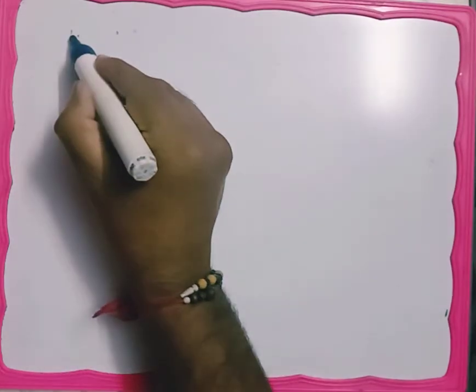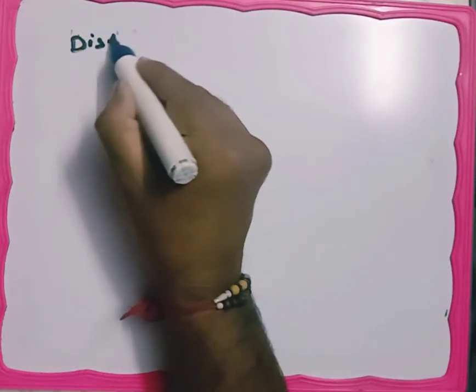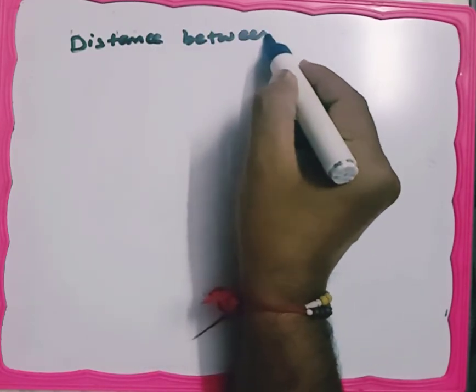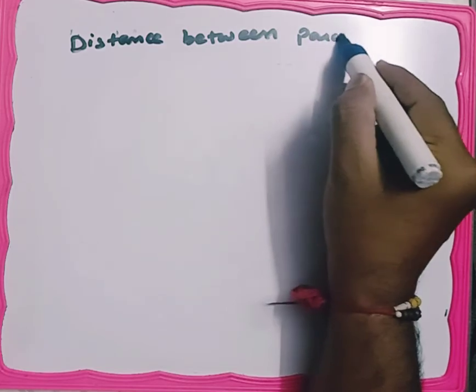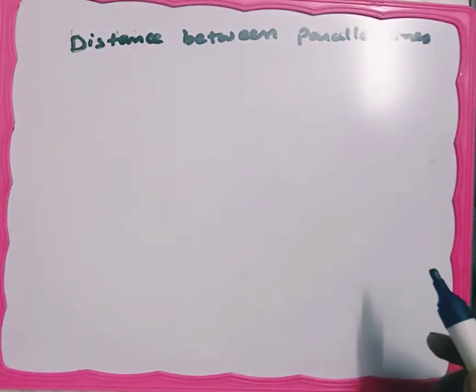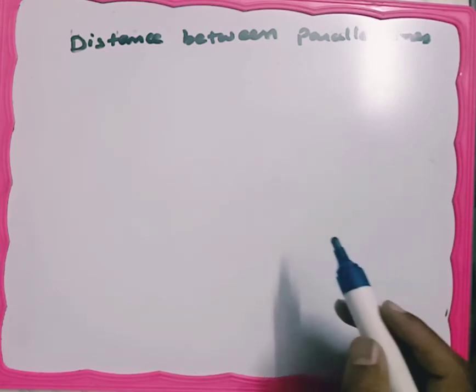Now we will study the distance between parallel lines. As the lines are parallel, their directions are the same.